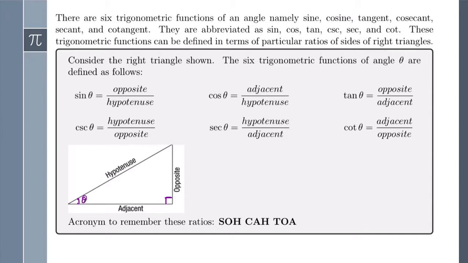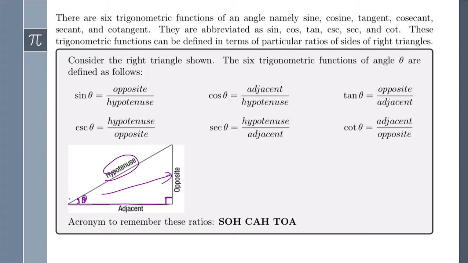That angle is the reference angle, and we define the trigonometric functions based on it. The side opposite the right angle is called the hypotenuse, which is the longest side. The side attached to the angle is the adjacent side, and the side away from the angle, on the opposite side, is called the opposite.